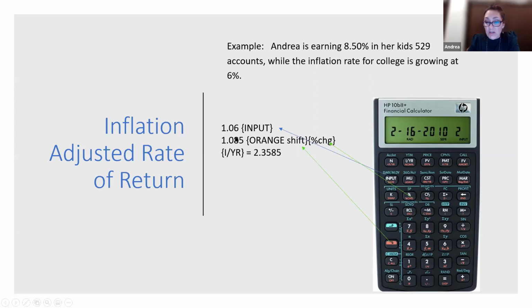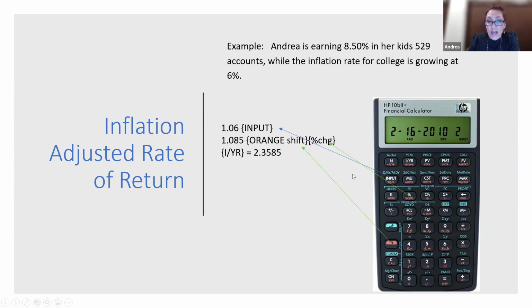So if you look at your keys, when I want to figure out an inflation adjusted rate of return, the 6% here is the inflation rate. So I'm going to tell my calculator to use the correct rate. I'm going to put 1.06 and I'm going to hit the input button, which is on the second row, first button, and it says input in white.